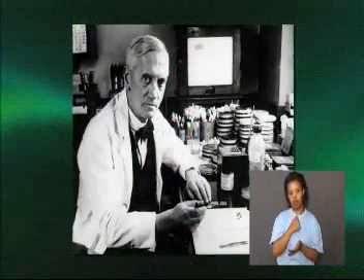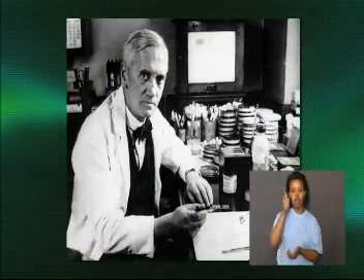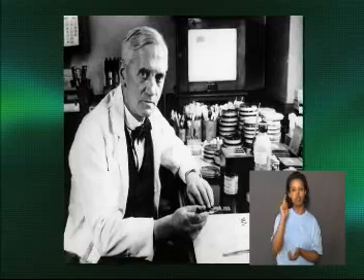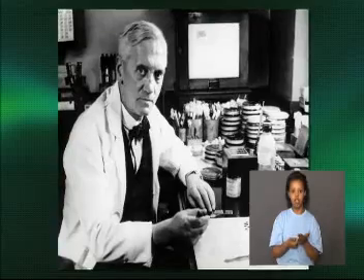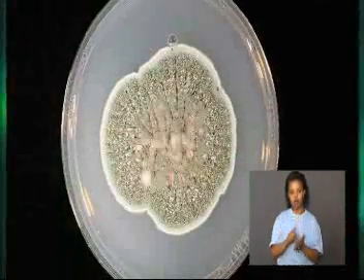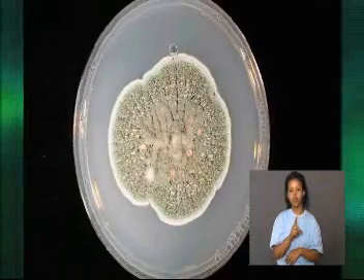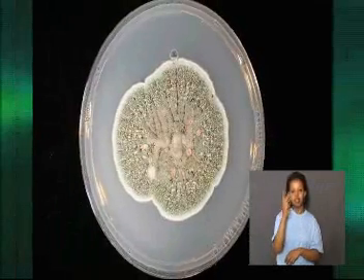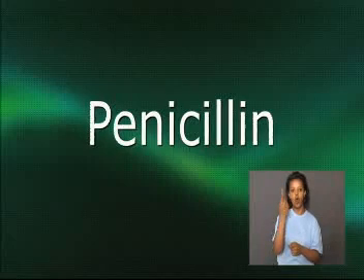In 1928, Alexander Fleming made one of the most important contributions to the field of antibiotics. In an experiment, he found that a strain of Penicillin mold inhibited the growth of bacteria. This led to the development of the first modern antibiotic, penicillin.